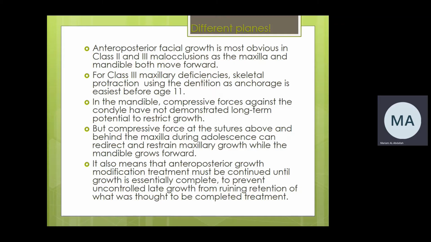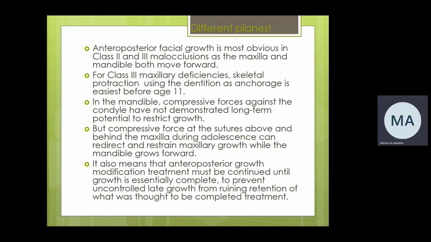And the mandible in class 3 cases, we can restrain and inhibit forward growth of the mandible, where the forces are transmitted to the head of the condyle. In class 2 cases, on the other hand, we can do the opposite. We can restrain the forward growth of the maxilla, plus minus we can enhance the forward growth of the mandible in order to contribute to the correction of the skeletal pattern.